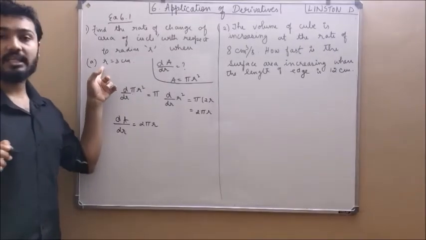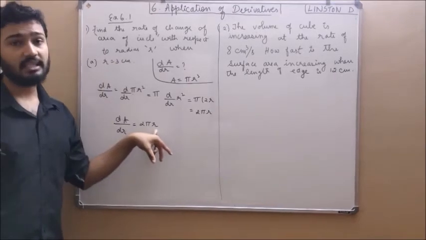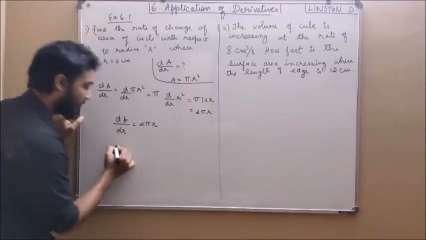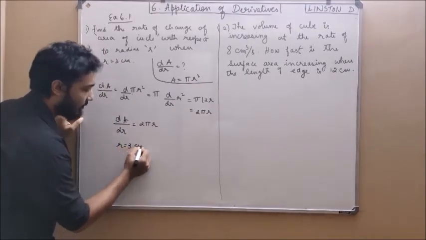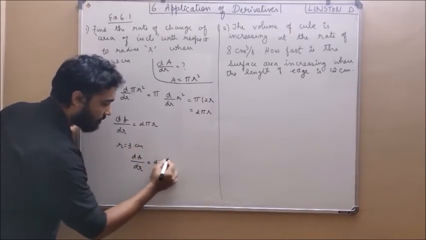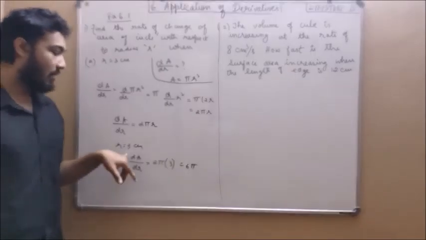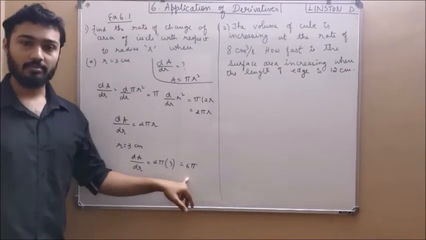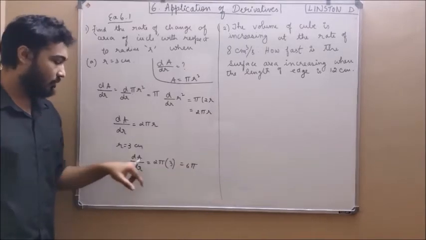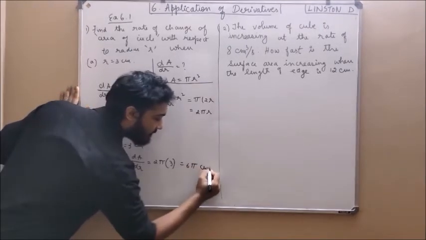Now they have asked to find the rate of change when the radius is equal to 3 cm. So if r equals 3 cm, dA by dr equals 2 pi into 3, which is 6 pi. What is the unit? The unit of area is centimeter square.